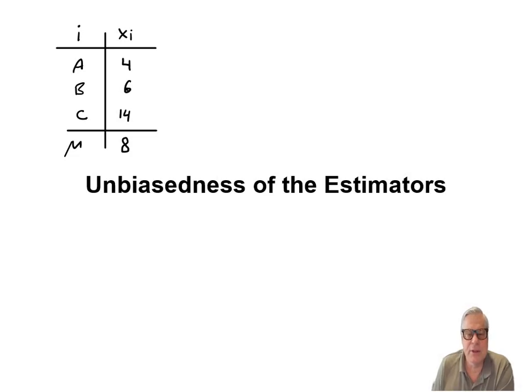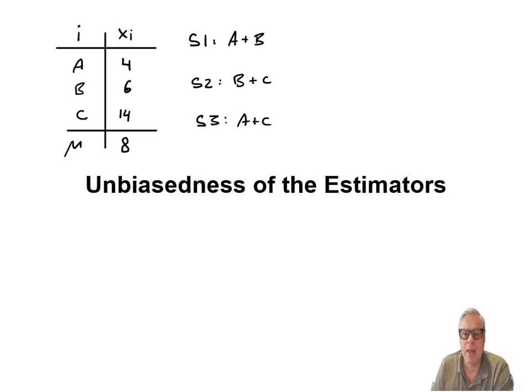Now let's think that we take all possible samples from that population of A, B, C, but each sample consists of only 2 observations. Then I can get in total 3 samples. Sample 1 is A and B, sample 2 would be B and C, and sample 3 would be A and C. Now what is the sample average of each sample, x bar?